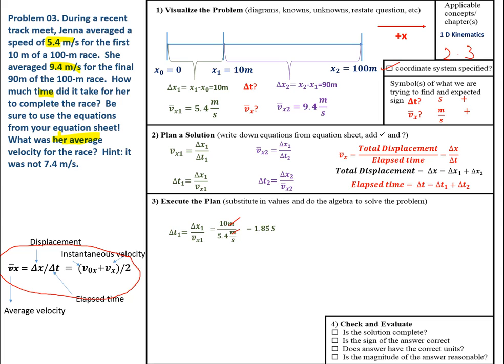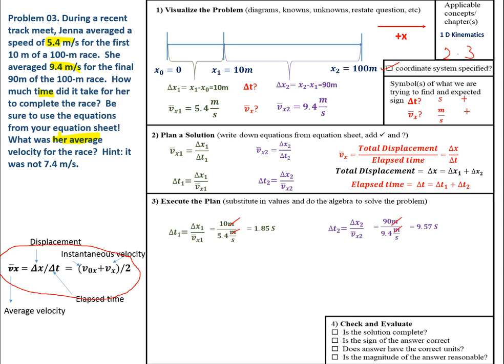And then let's look at the time interval for the second segment. Displacement for the second segment, 90 meters, divided by the average velocity, 9.4 meters per second. Again, look at the units. Meters is going to cancel out with meters, and then the reciprocal of 1 over seconds is seconds. You will end up getting 9.57 seconds for the second time interval.